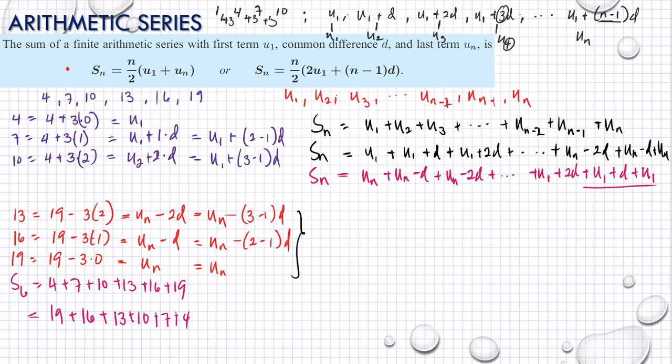So if I add these, I have 2 s sub n. Then I have u sub 1 plus u sub n, these two, and then another u sub 1 plus u sub n, these two, but the d terms will become 0, and it will continue.